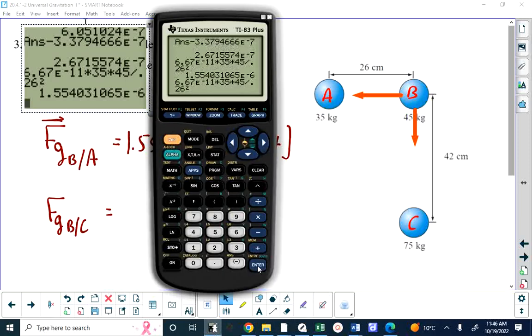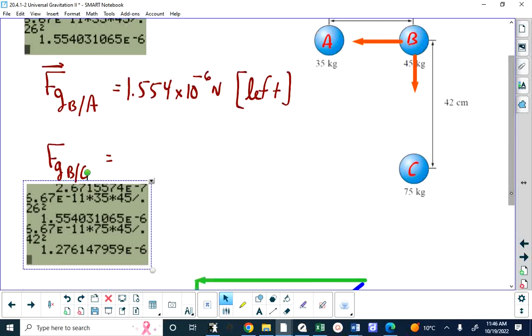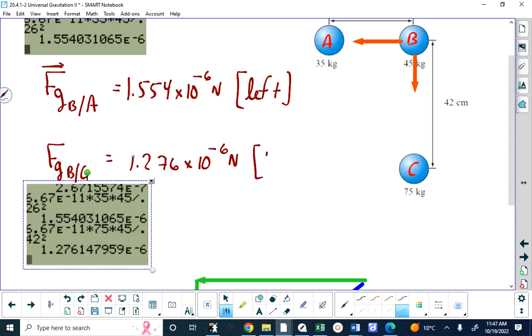Same kind of calculation, except this time it's 75 and 45, and we are dividing by 0.42 squared. So, 1.276 times 10 to the negative 6 newtons. And looking at the diagram, that is down.